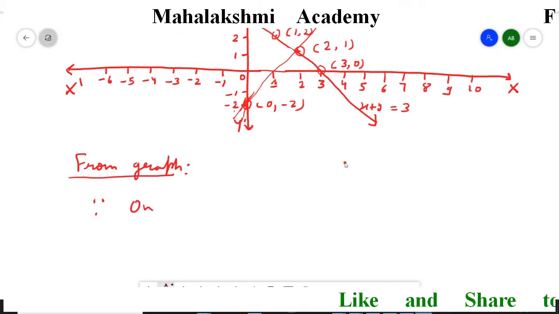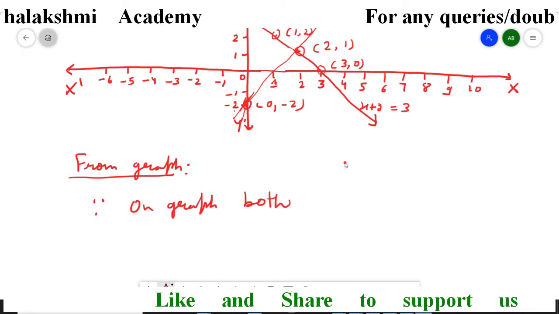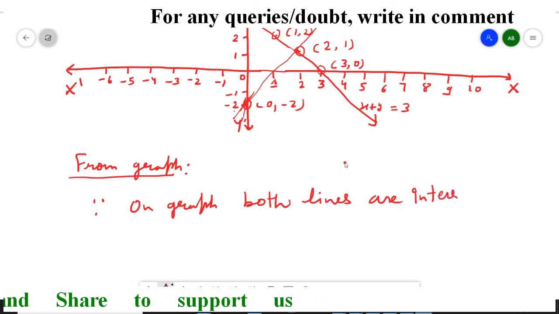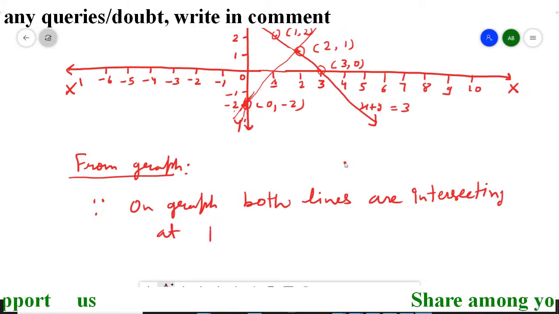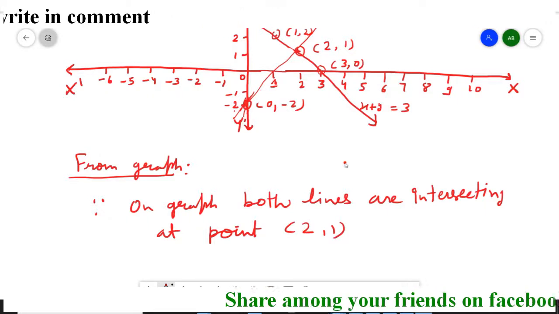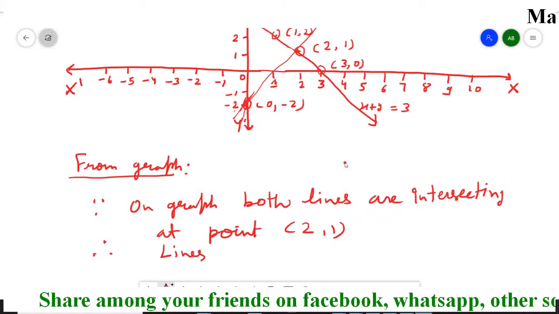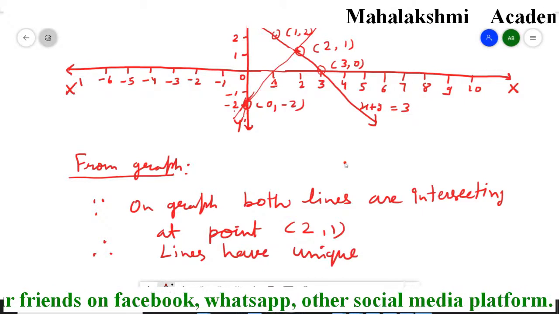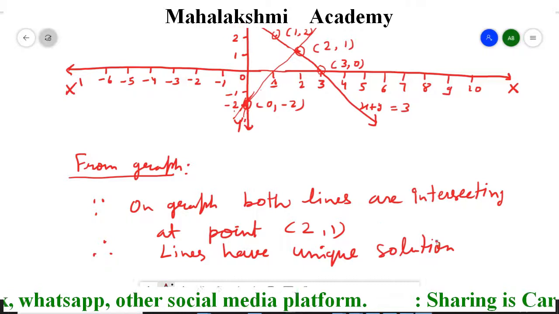Since on the graph both lines are intersecting at point (2, 1), the lines have a unique solution. So this is the nature of the equations.